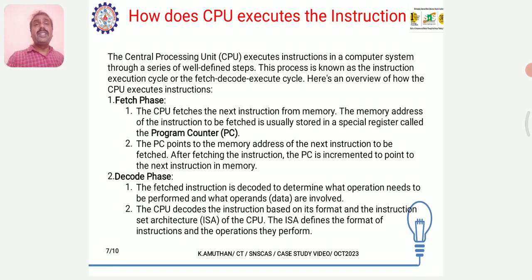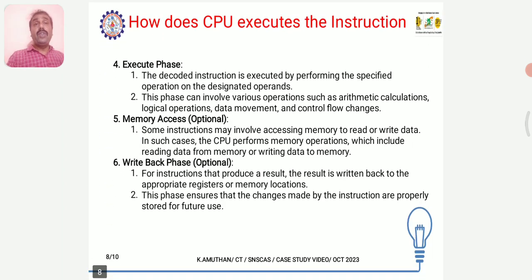The types of instruction execution we already discussed. Fetch phase: fetch the next instruction from the memory. Decode: the fetched instruction is decoded to determine what operation needs to be performed. Next, execute phase: the decoded instruction is executed by performing the specific operation.